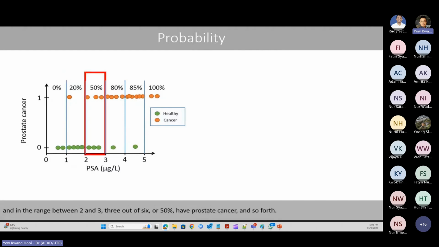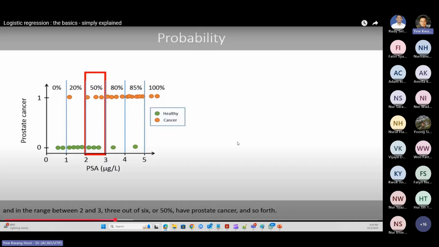And in the range between 2 and 3, 3 out of 6 or 50% have prostate cancer, and so forth. At this point, the chance of having cancer and not having cancer is 50-50. You see? Inside this red box, the chance is 50-50.